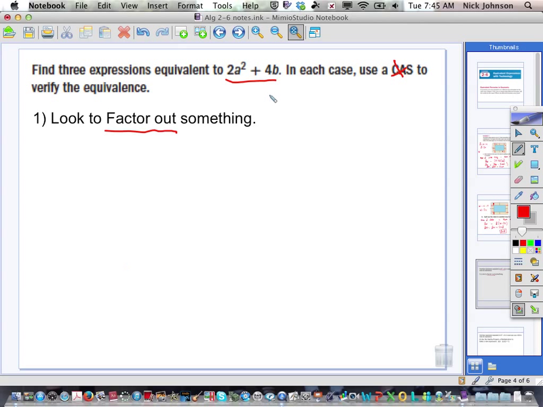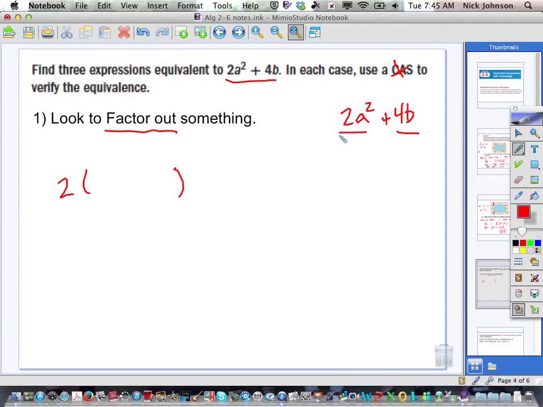Same thing here. We want to get 2a squared plus 4b, but we just want to write it a different way. So what could we factor out of this? What do both of these have in common? They have a 2 in common. 2 goes into 2, 2 goes into 4. So I'm going to say 2 times the quantity.